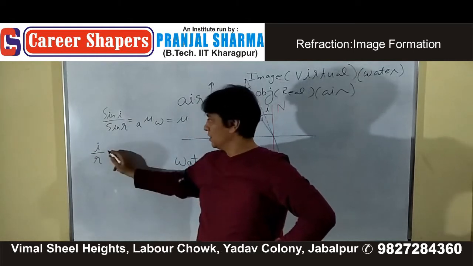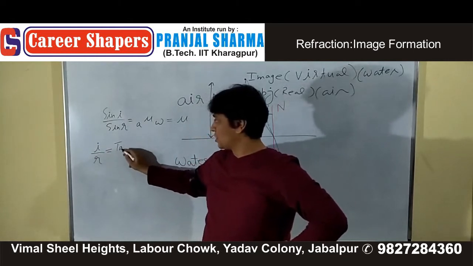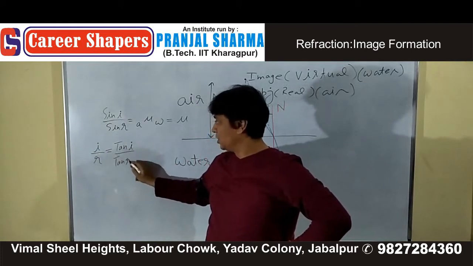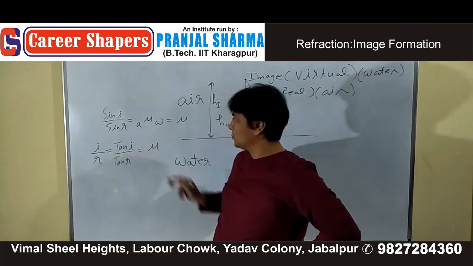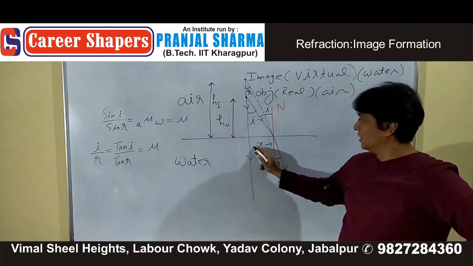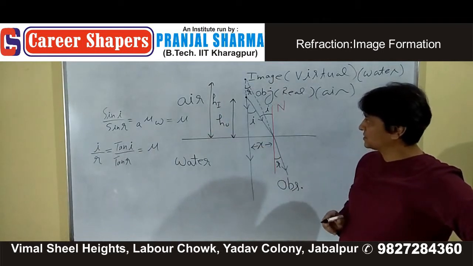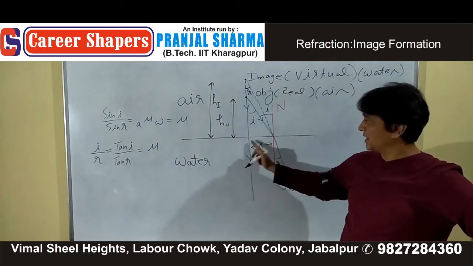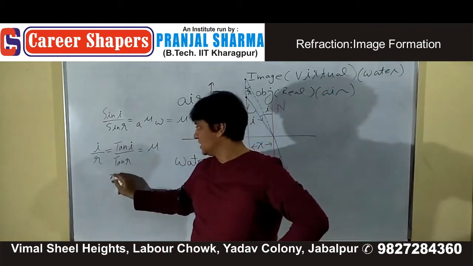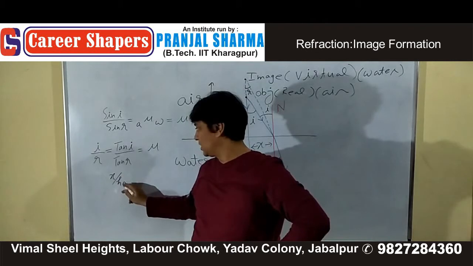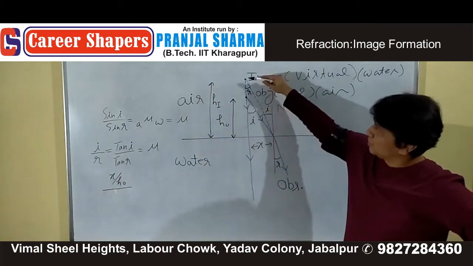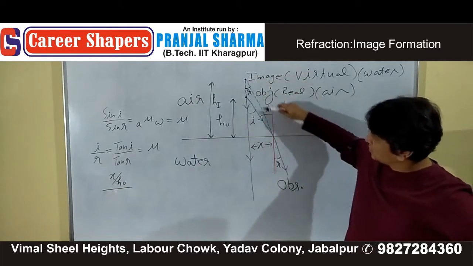I upon R. This I upon R can be approximated with tan I upon tan R, which is mu. Now again, take this distance as X. What is tan I? X upon HO. Tan I is X upon HO divided by tan R. Look at this right angle triangle.